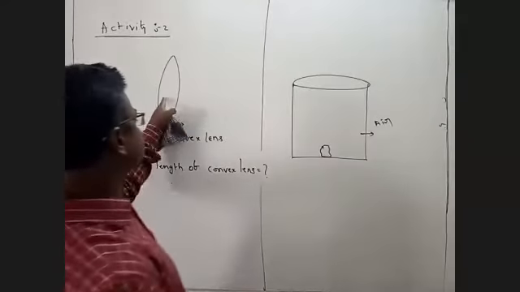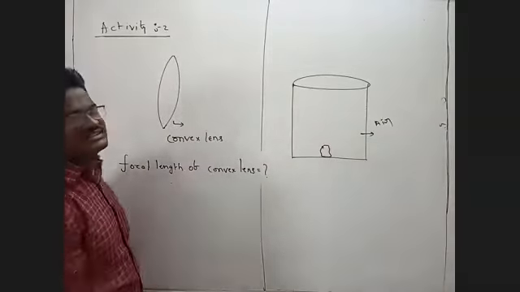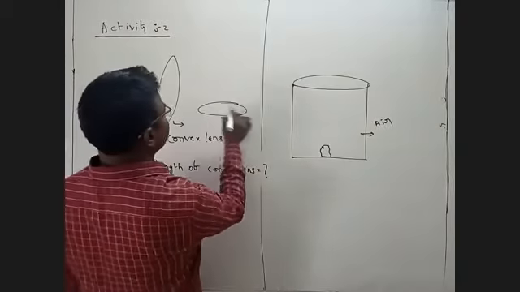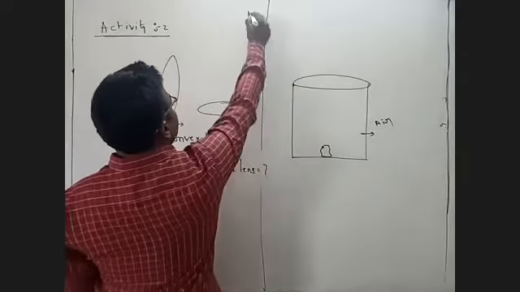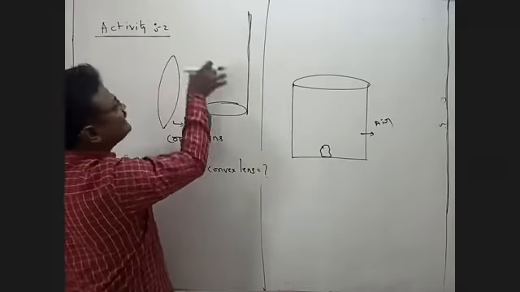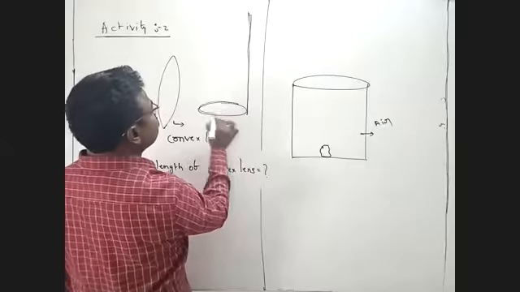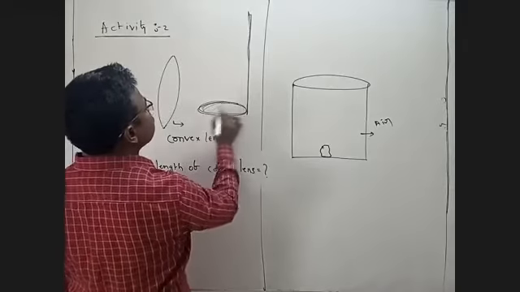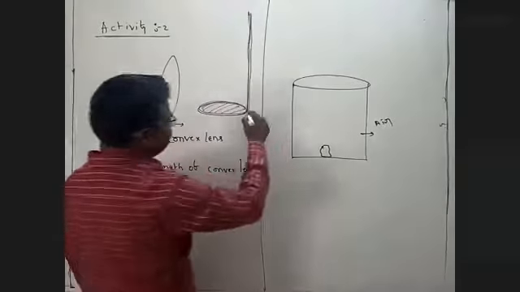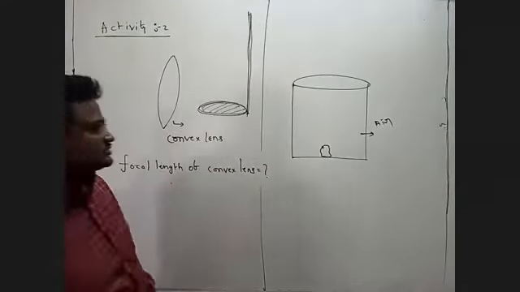Next, this is a convex lens. I'm taking one stick. This is a stick, and the convex lens is kept on this arrangement.